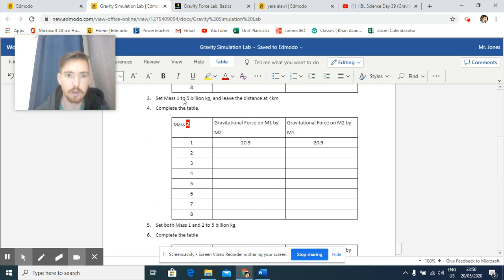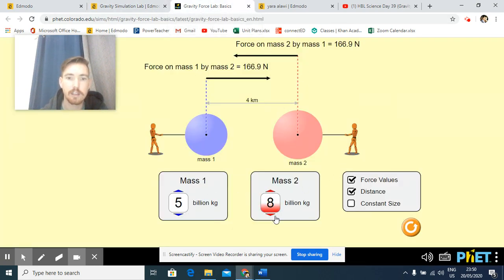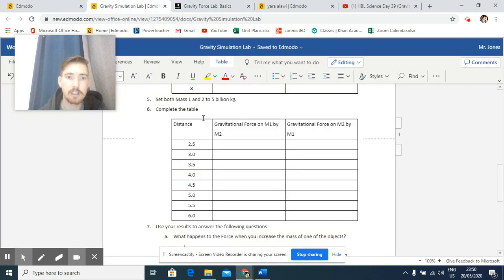Then what you're going to do in table 3, set both mass 1 and 2 to 5 billion kg. That's at 5. Now that's at 5, so they're both at 5. And the distance is going to be 2.5.